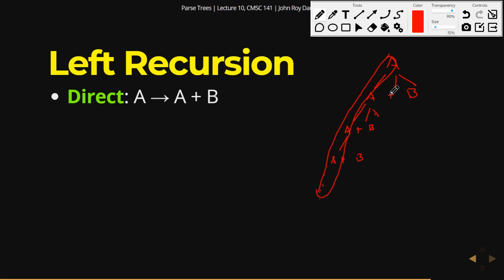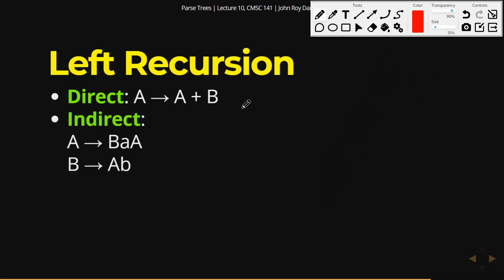It's infinite, okay? There could also be indirect recursions. Like this one is pretty obvious because you have A here and then it's replaced with A on the left side. So since you're doing left derivation, you'll always replace it here. But there could also be indirect left recursions like this.